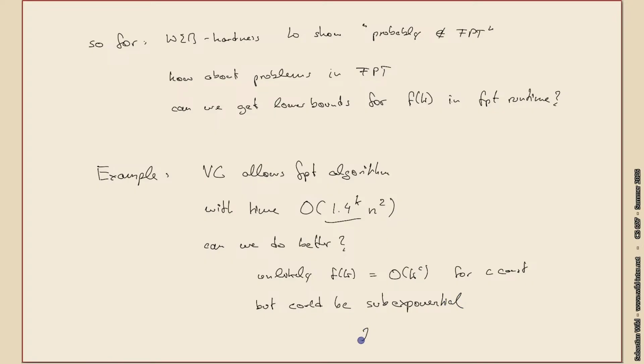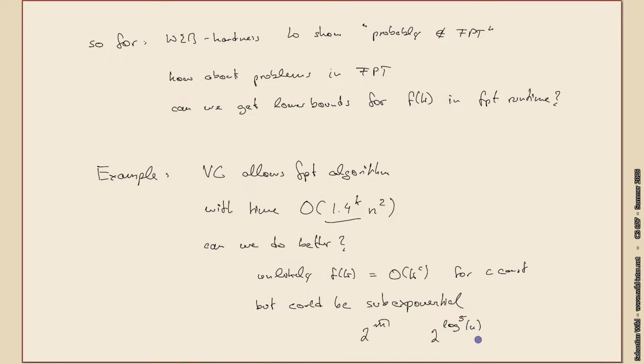I mean, there's things like 2 to the square root n, which is smaller than any constant to the n, but is also not polynomial. Or there's quasi-polynomial, where you have 2 to the log to some power of n.